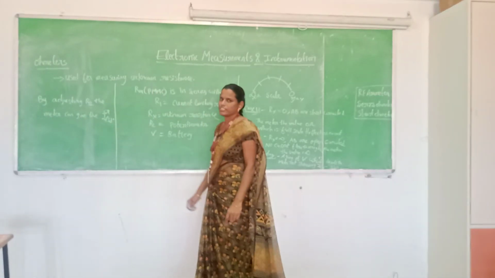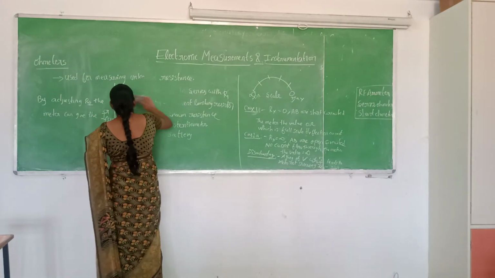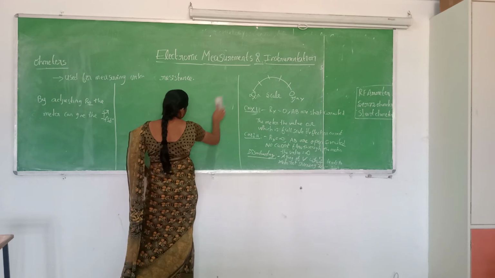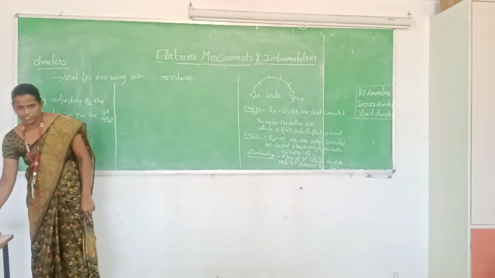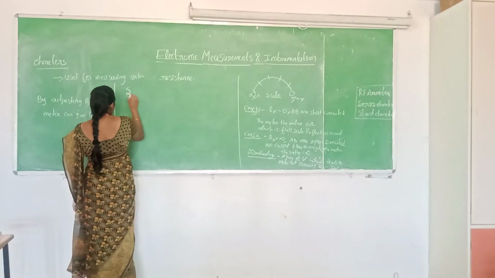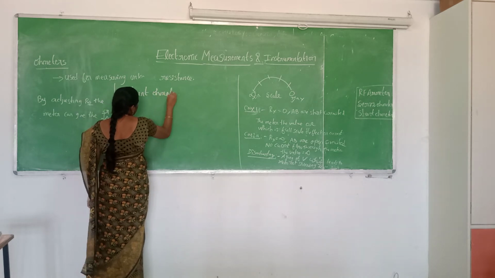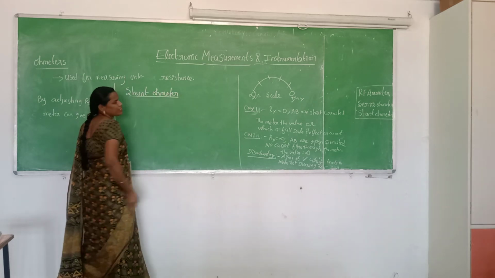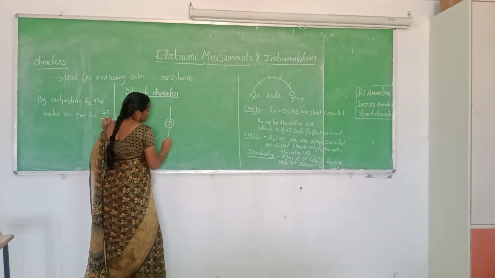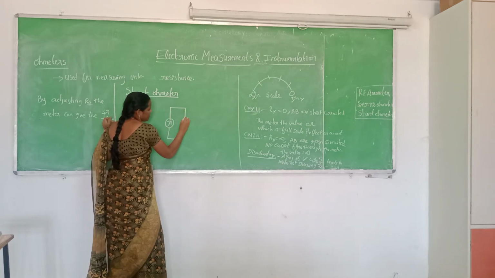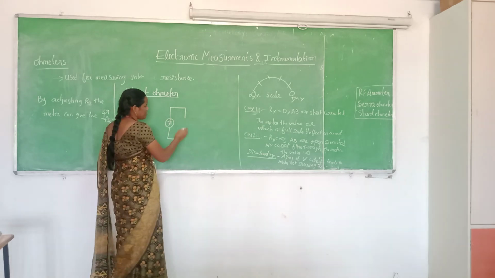Now we will go for the shunt ohmmeter. In this shunt ohmmeter, the PMMC instrument is connected in parallel to the unknown resistance Rx.